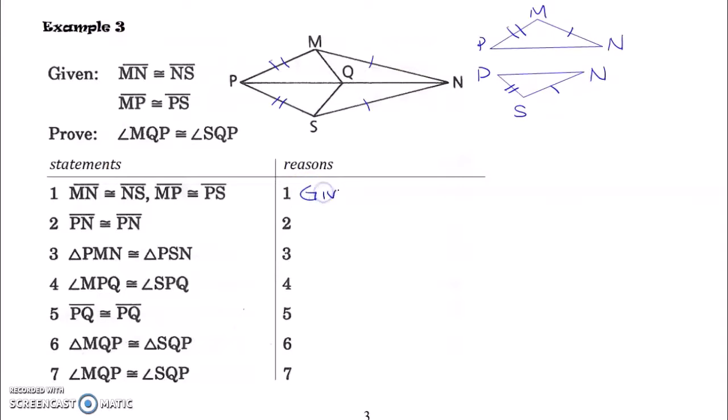So we were given this information, which is a side and a side, and then PN is congruent to itself, which is another side, by the reflexive property. So then the two triangles are congruent by side, side, side. My first pair of congruent sides is in line 1. My second pair is also in line 1. And then my third pair is in line 2. So now I have corresponding parts. MPQ is congruent to SPQ.